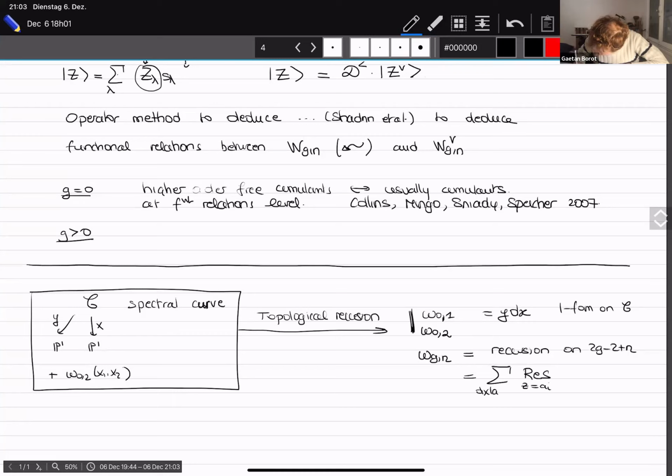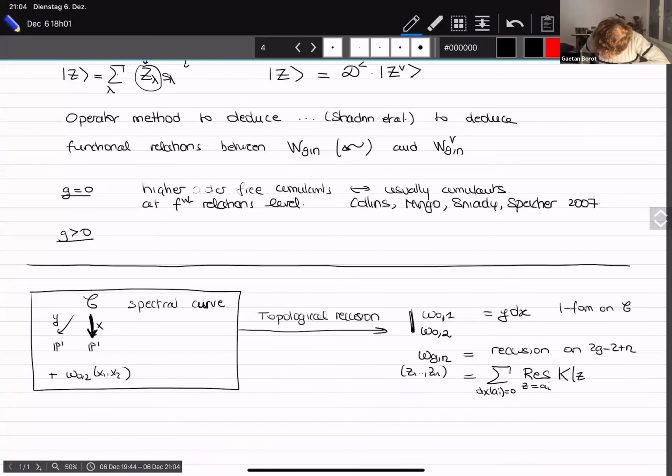You look at the sum of residues at zeros of dx, which are the ramification of this branch cover here, which has nothing to do with the branch cover I was counting. Here, this is a fixed curve with a fixed function x. And then there's some kernel that depends on the initial data.